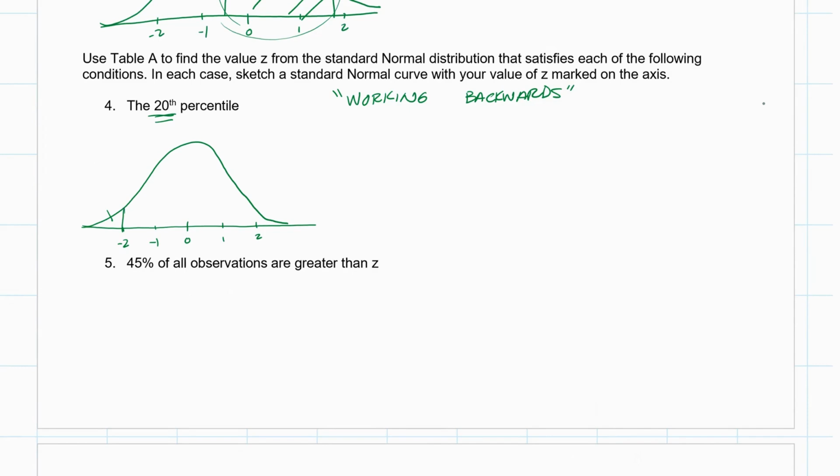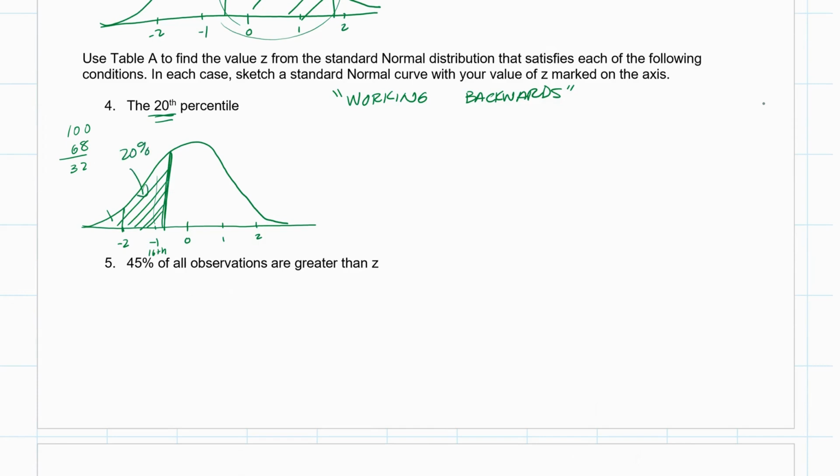If you do a little extra math, 100 minus 68, because the middle is 68%, gives you 32. And half of that is 16, so this is like the 16th percentile. The 20th percentile is somewhere right in here. And that's, again, the line with 20% below it.